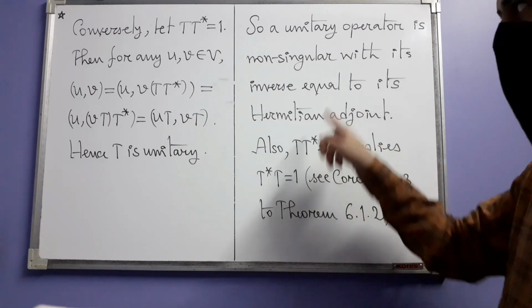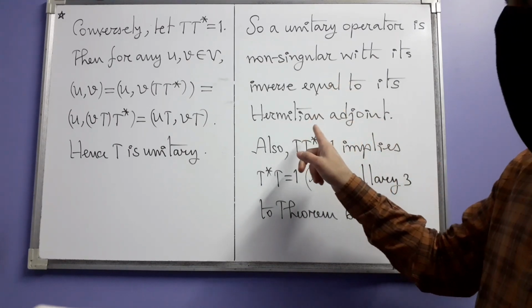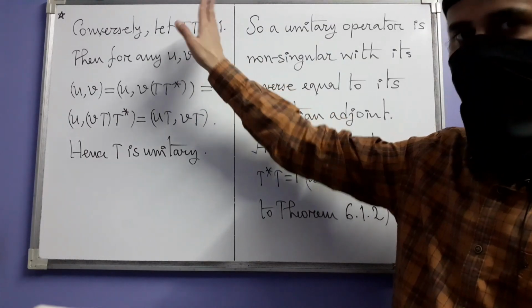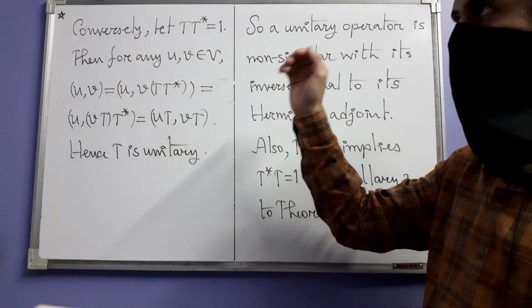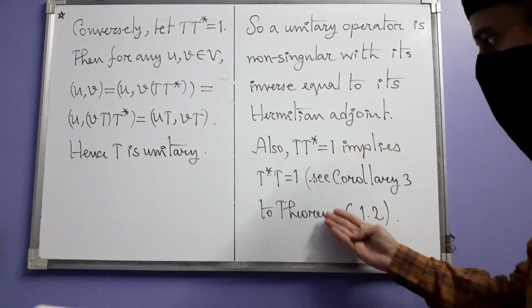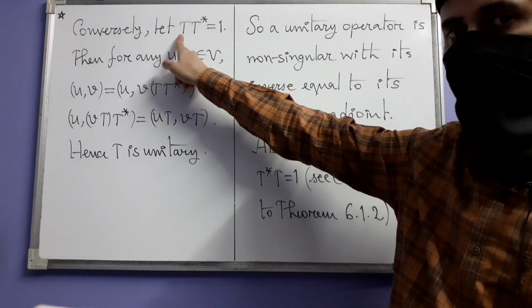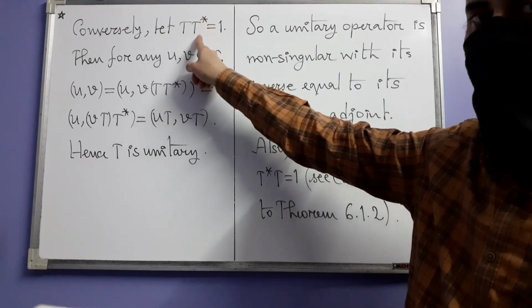So from there we are getting this fact actually, that if T is unitary, then this happens by this lemma, and that is why via this corollary T becomes non-singular and its inverse is just its Hermitian adjoint.